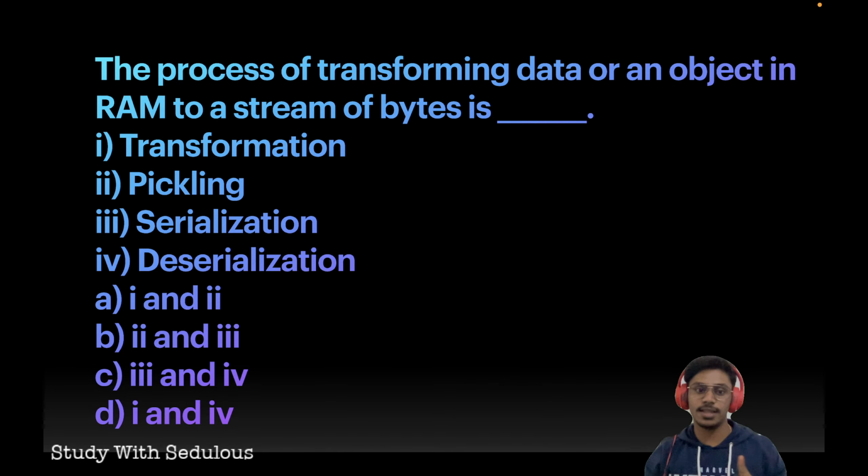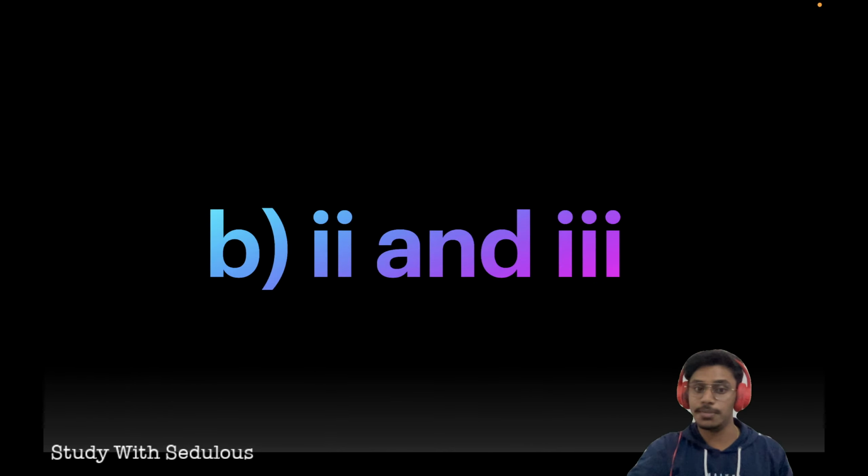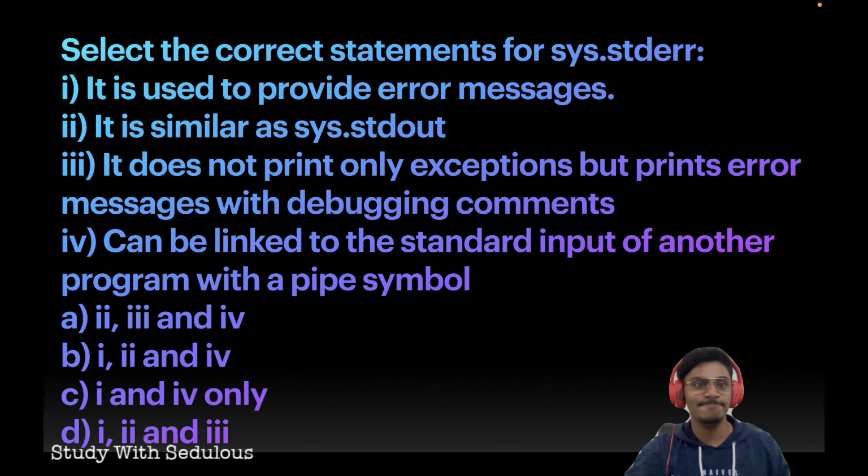So it should be 2 and 3, and 2 and 3 is for B. The process of transforming human readable data to bytes is pickling, as we all know. So option B, right? Yes, it is B.